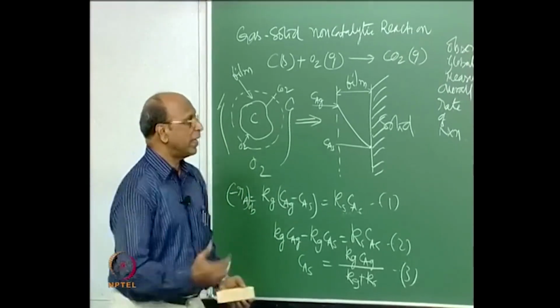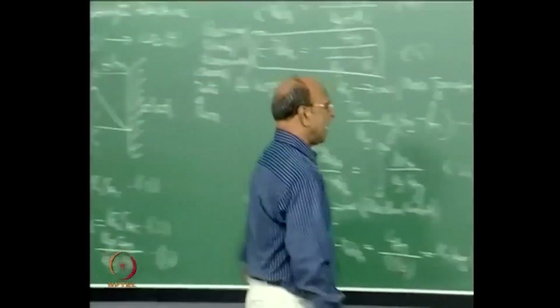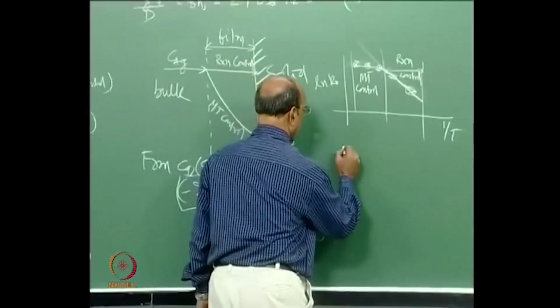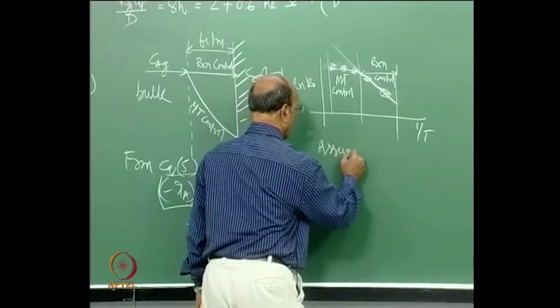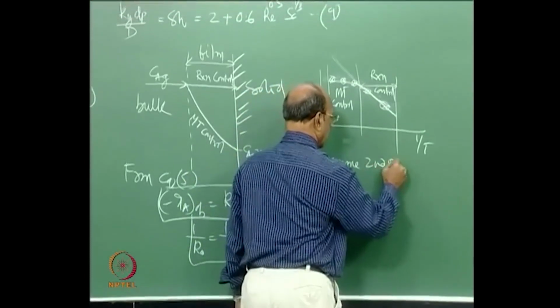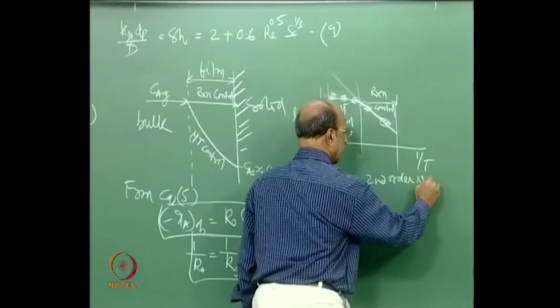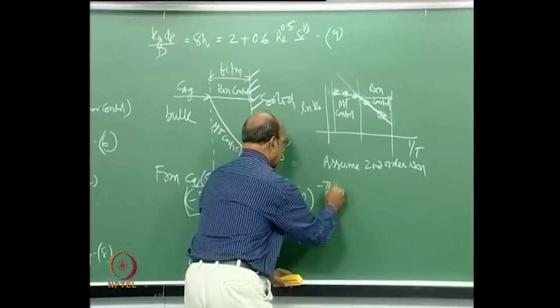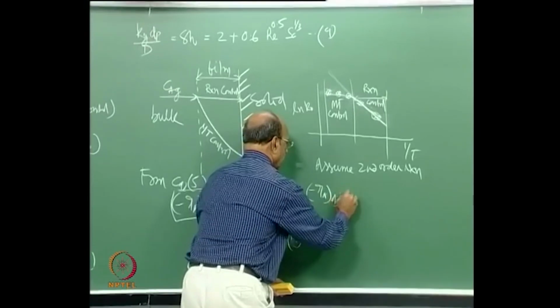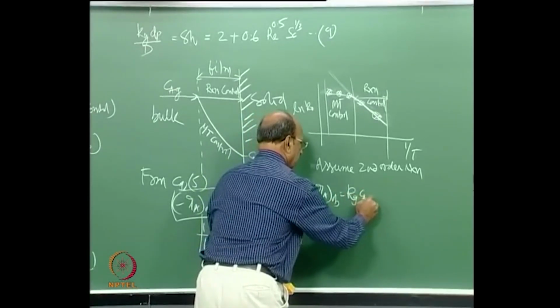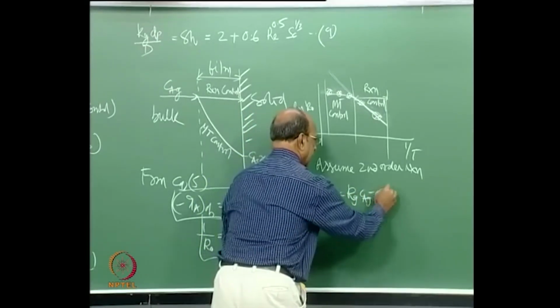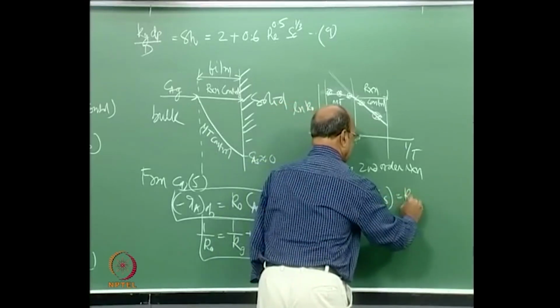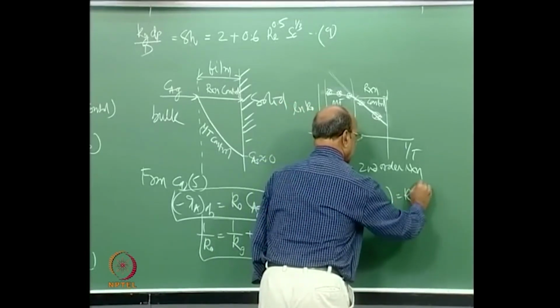Why does everything change? Assume a second order reaction, then equation 1 is written as minus r A prime equal to Kg (C Ag minus C As) equal to Ks C As square.